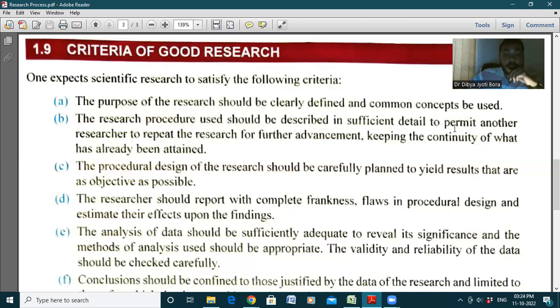Complete frankness, flaws in procedural design, and estimate their effects upon the findings. The analysis of data should be sufficiently adequate to reveal its significance, the method of analysis used should be appropriate, and the validity and reliability of the data should be checked carefully.